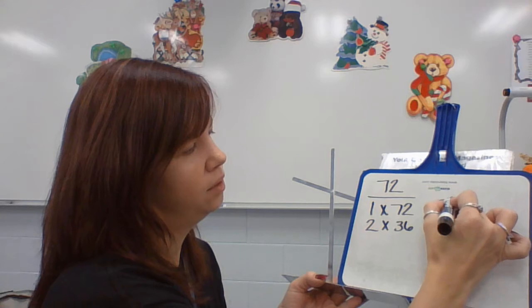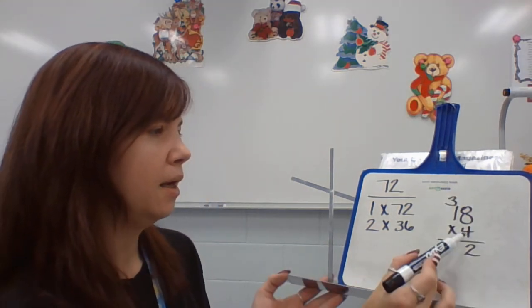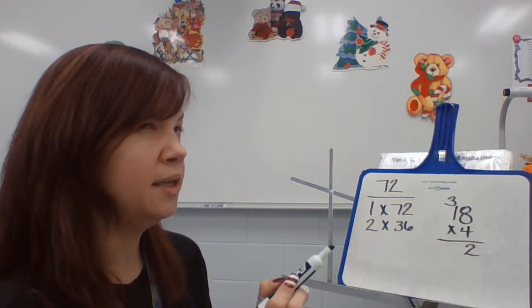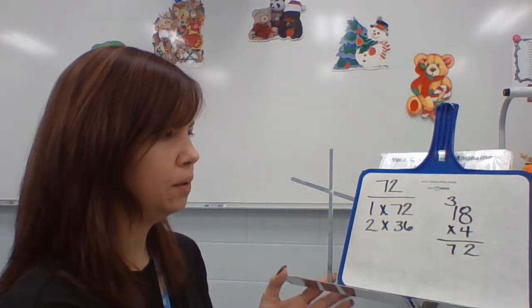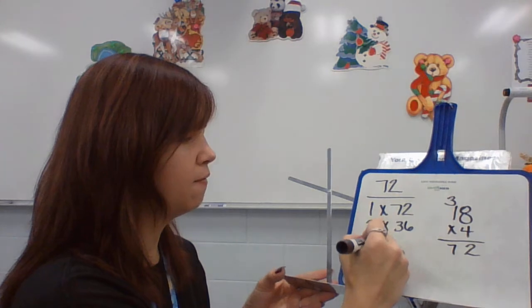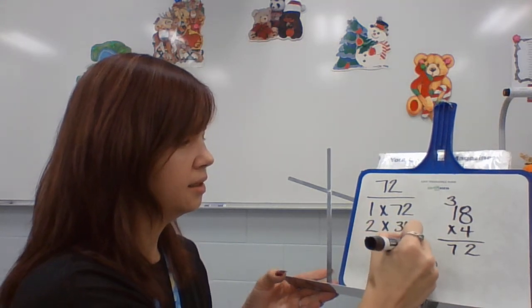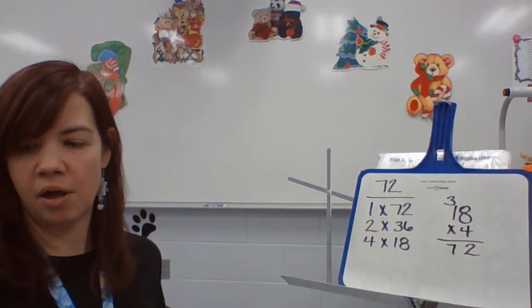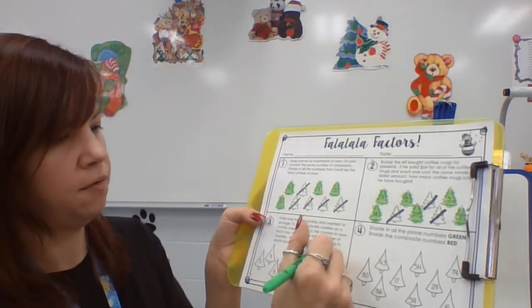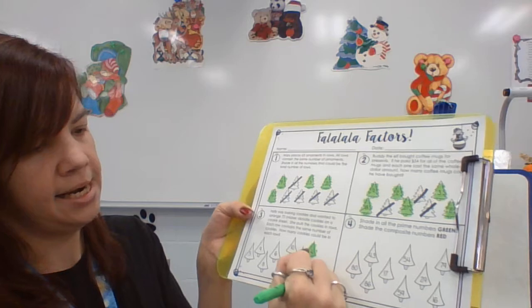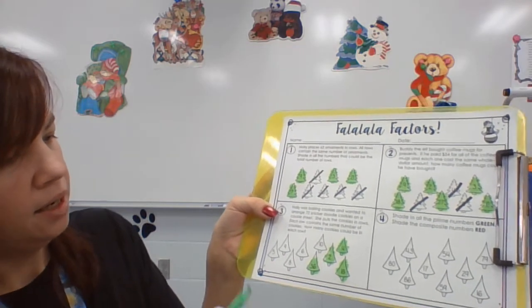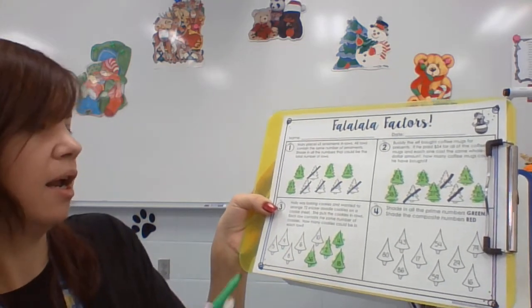So 2, and I put a 3 up there. 4 times 1 is 4, and I'm adding in my 3, which is 72. Oh, and it matches, so I know that 4 times 18 is 72. So I'm going to color those in, 4 and 18.